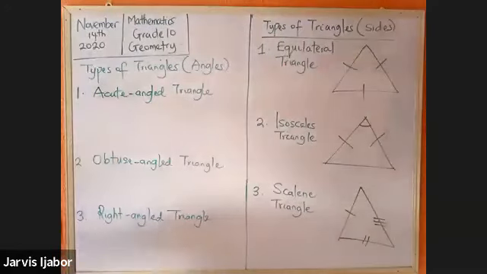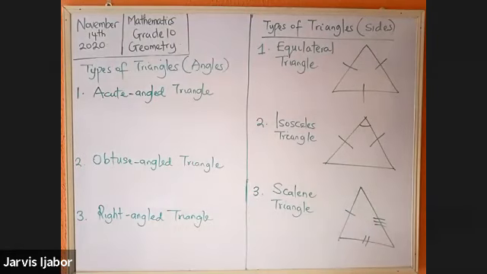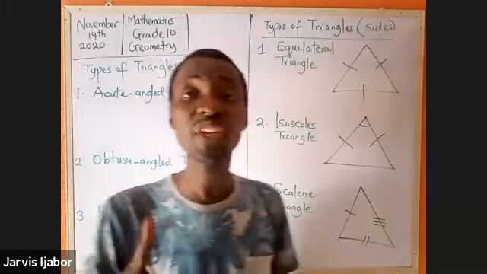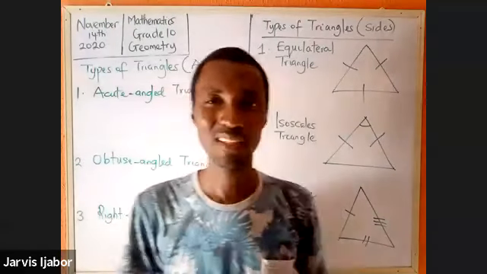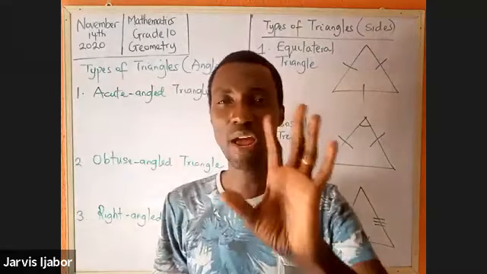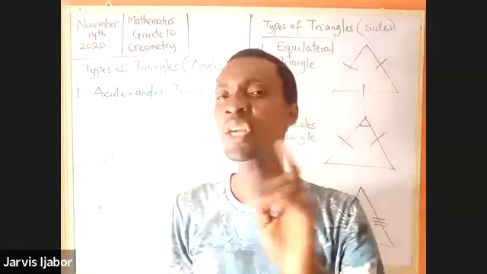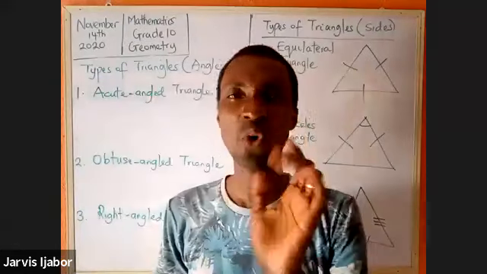Now, acute angle triangle means that what? For an acute angle triangle, we expect to see all the angles as acute. I'll take that again. For an acute angle triangle, we expect to see all the angles as what? Acute.